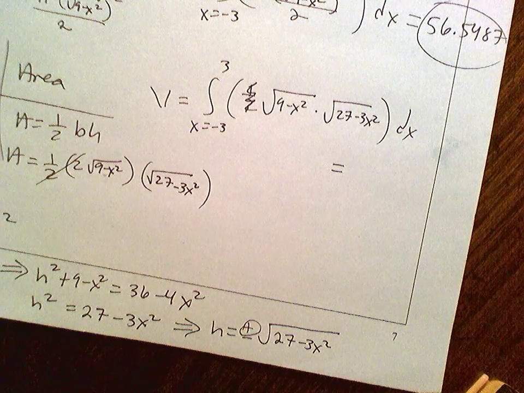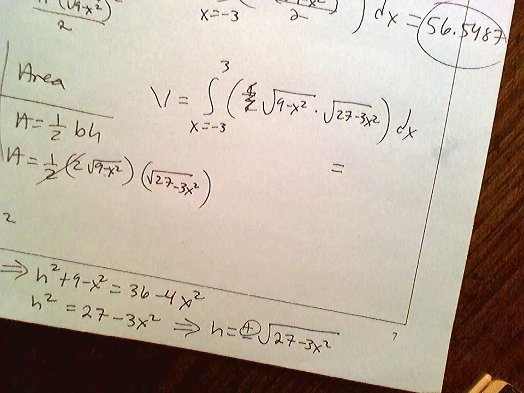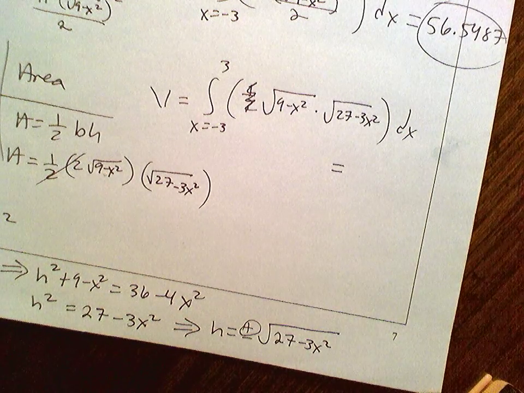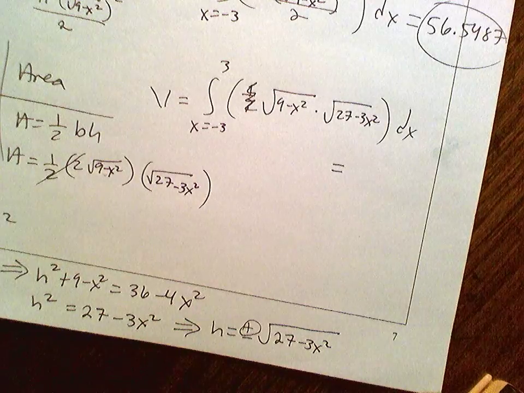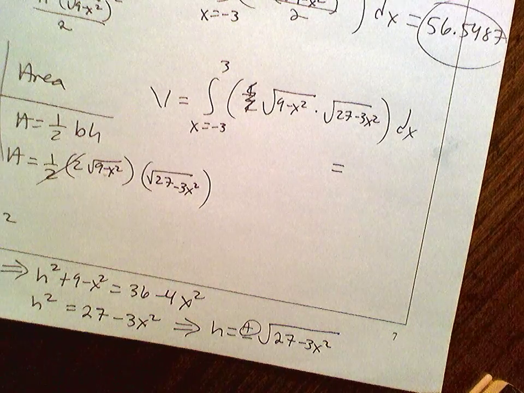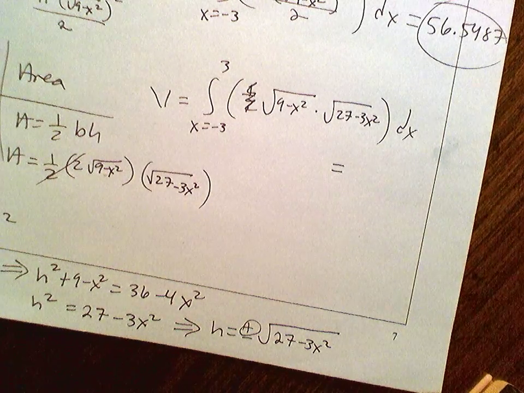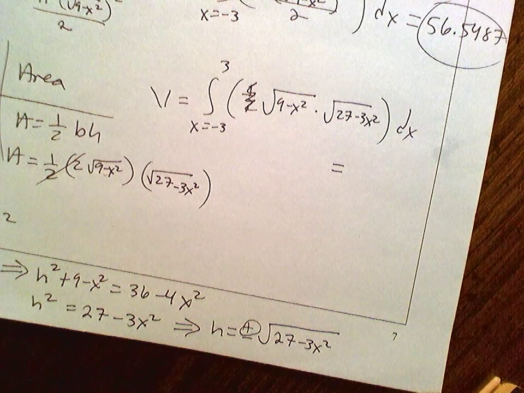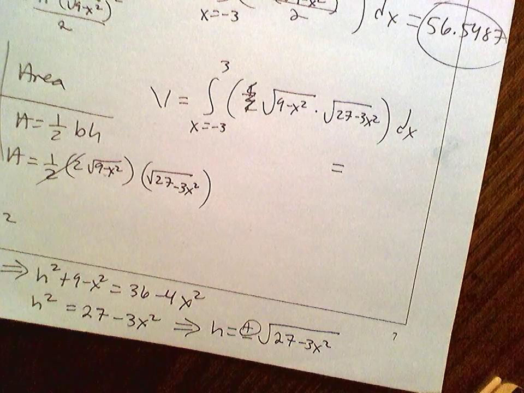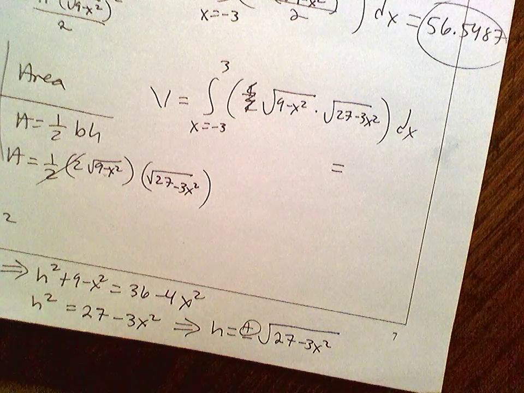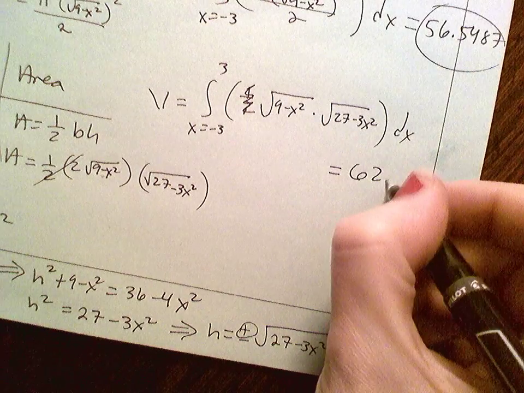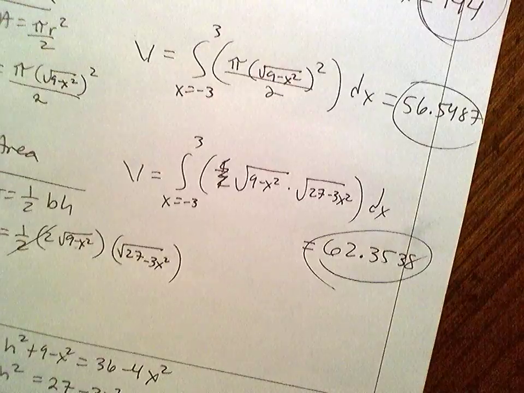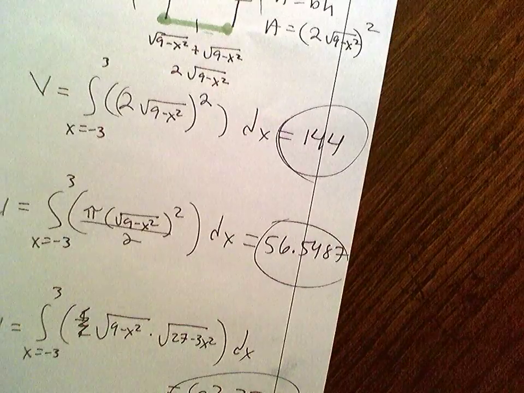Math 9, from negative 3 up to 3, radical 9 minus x squared, 27 minus 3x squared, and I got 62.3538. So the one with semicircles had the smallest volume, and the one with the squares had the largest one.